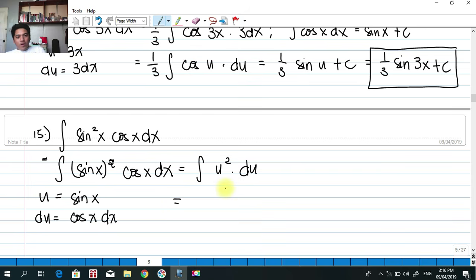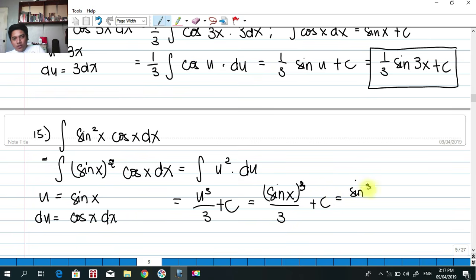The integral of u squared du is simply u cubed over 3 plus c. So we have sine of x cubed divided by 3 plus c, or simply we can rewrite this as sine cubed of x over 3 plus c. And this should be our answer.